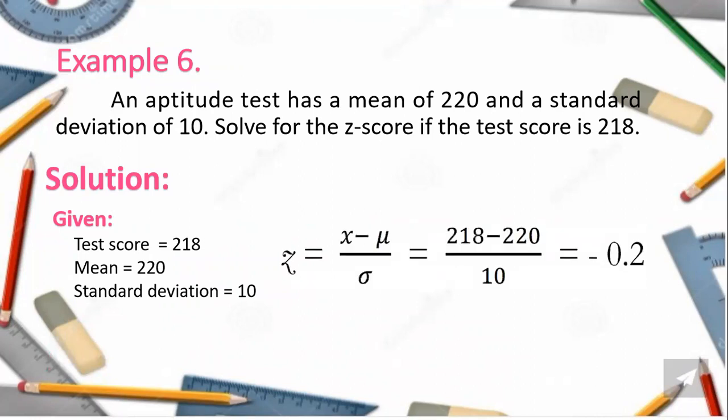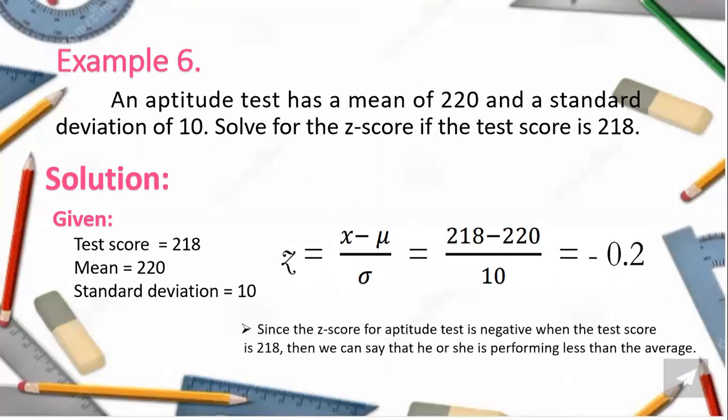Solving for the z-score, just substitute the given values to the formula, we get a z-score of negative 0.2.